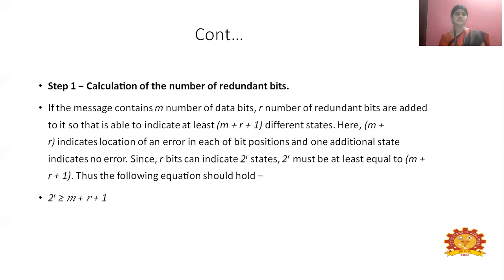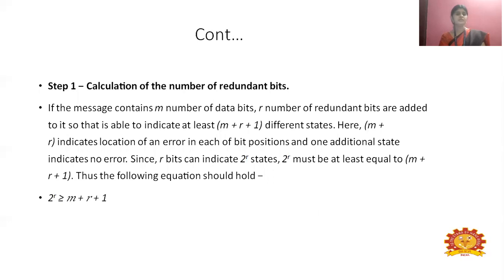If the message contains m data bits and r is the number of redundant bits, that is check bits added, it must be able to indicate at least m plus r plus 1 different states. Here m plus r indicates the location of the error in each of the bit positions, and one additional state indicates no error.